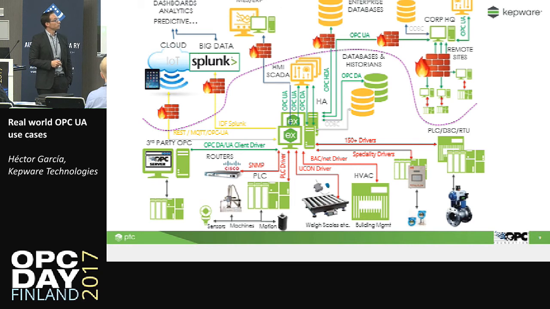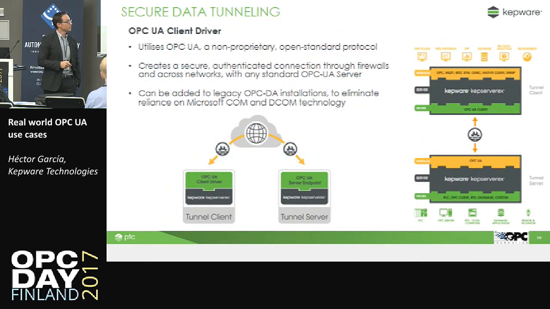About the communication using OPC UA, as I told you, southbound we have more than 150 different drivers to communicate with any device, and by default, Kepware X is an OPC UA server. You don't have to do anything to serve data using OPC UA. And sometimes you want to send information through firewalls, through a wide area network, to a different location, and you need to transform to OPC UA, and on the other side you will need an OPC UA client.